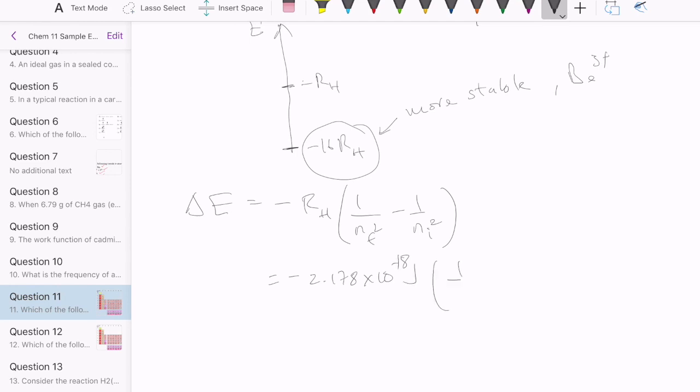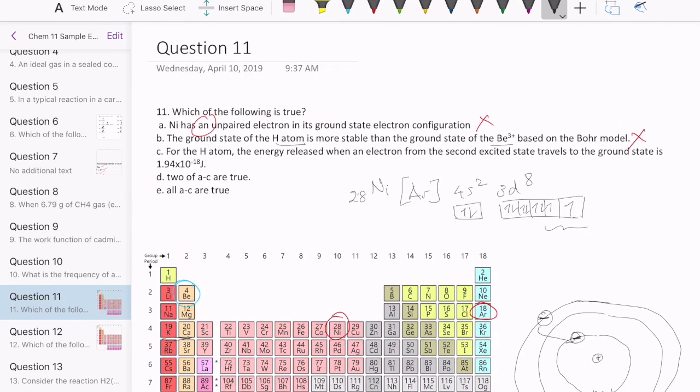And then times 1 over n final squared minus 1 over n initial squared. The final value is 1, because it's going back to the ground state. The initial value is 3 because it's the second excited state. So when we multiply that out, we get negative 1.94 times 10 to the minus 18 joules. And in fact, that's the value that we're given. So that means that C is the correct answer.